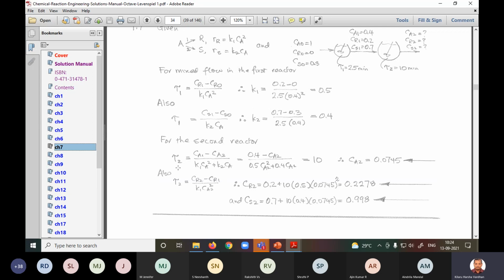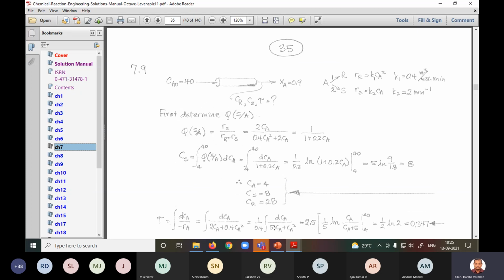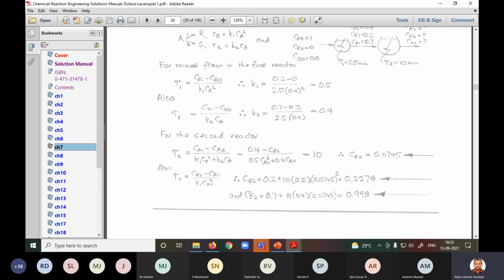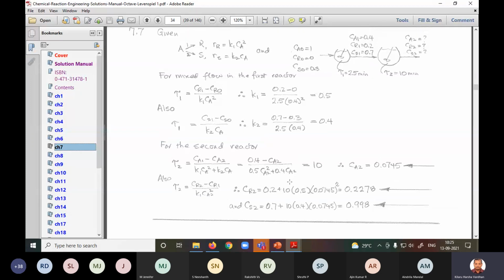Tau 2 is Ca1 minus Ca2 divided by K1Ca square plus K2Ca. Ca1 is given, Ca2 you need to calculate. Tau 2 is already given here. Based on that you can calculate Ca2. Like that you can calculate the rest of the things, CR2 and CS2. Go through this solution manual with the problems.